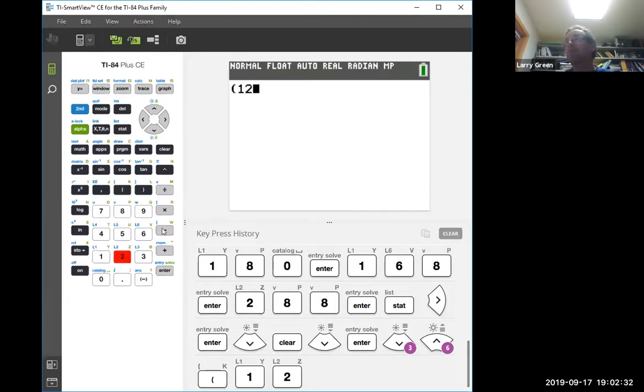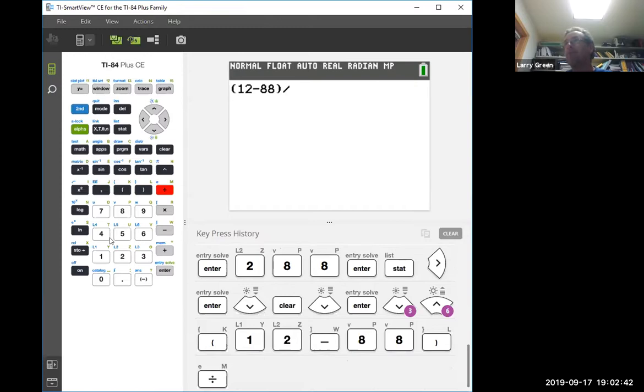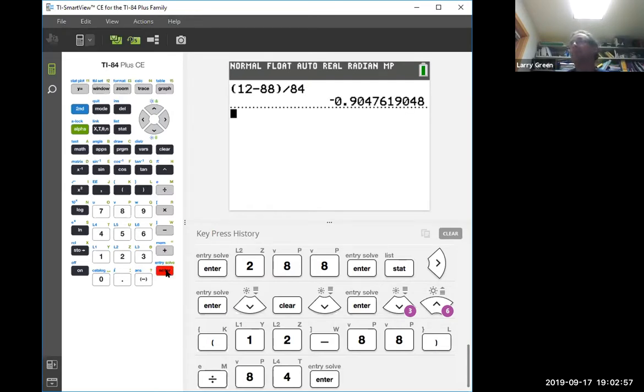Then I'm going to subtract the mean, which was 88. Close the parenthesis, and I'm going to divide by 84. It's very important to have the parentheses because you need to see how far you are from the mean and then divide by the standard deviation. If you don't put the parentheses, it gives you the wrong answer. Then I hit enter. So my z-score is negative 0.9.